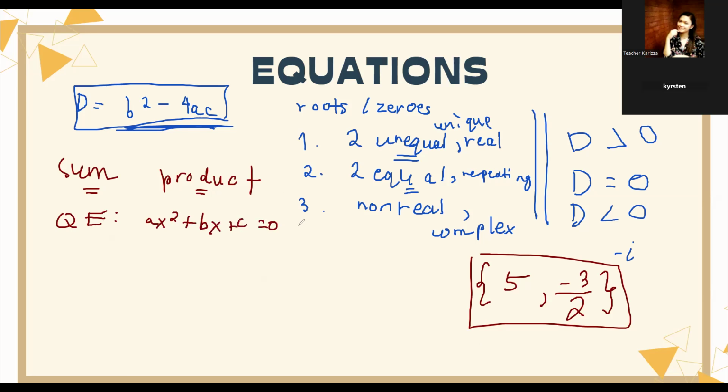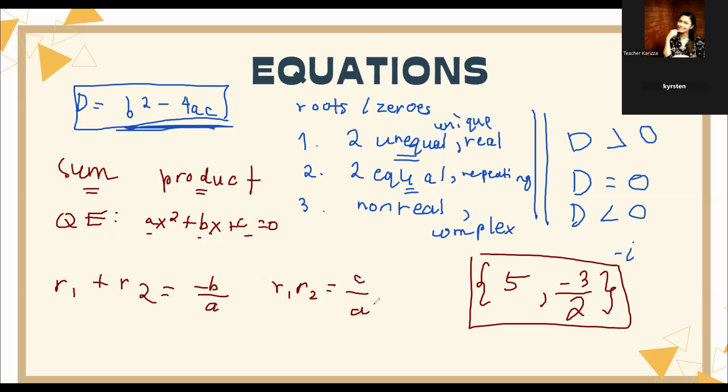So instead of doing the whole quadratic formula to solve for the roots, you can just identify A, B, and C. For sum of roots, it's root 1 plus root 2. The shortcut of this is negative B over A. And for product of roots, R1 R2, the shortcut is C over A.